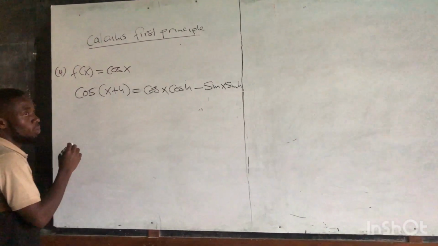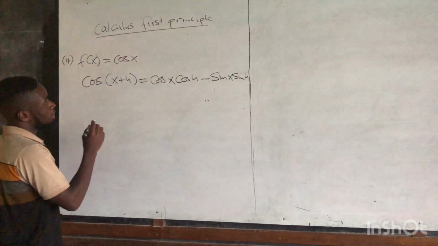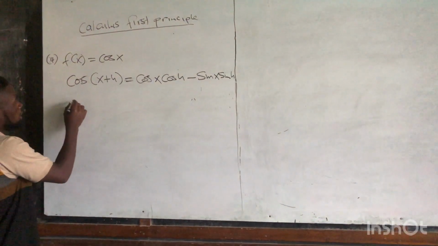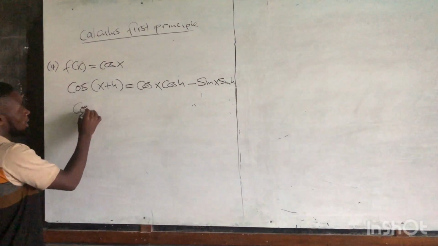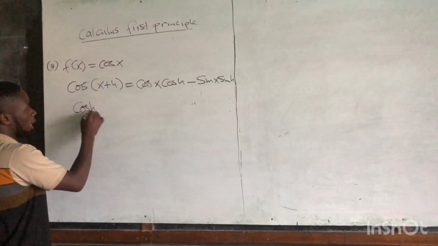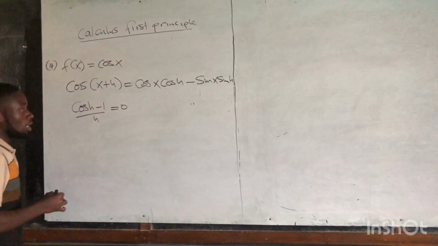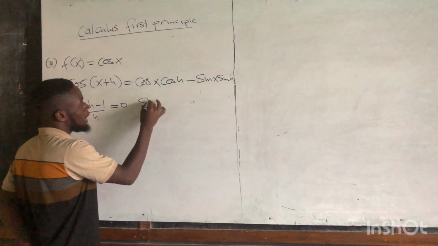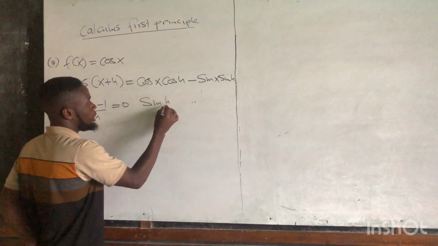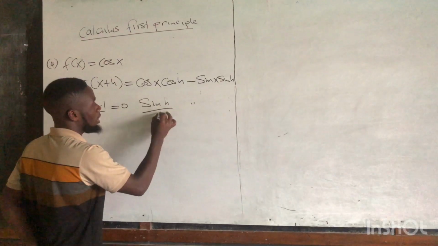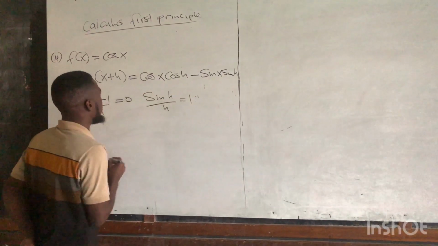Then what else do we need to understand here? You need to understand the same identities: cos h minus 1 over h will give us 0, and sin h over h will give us 1.